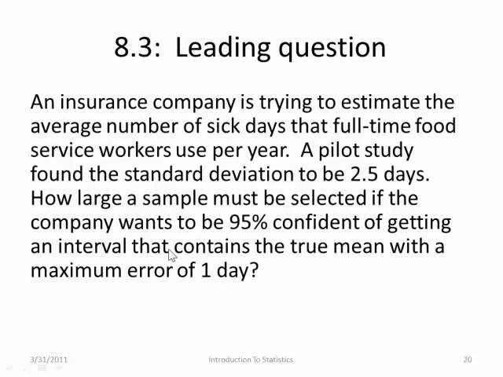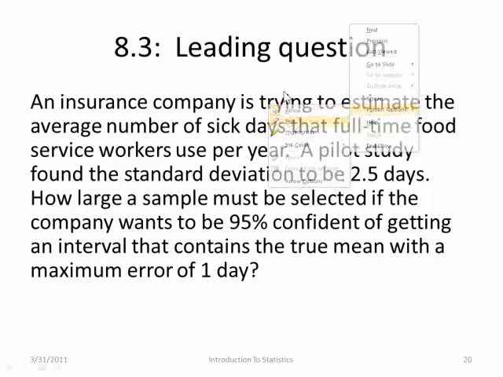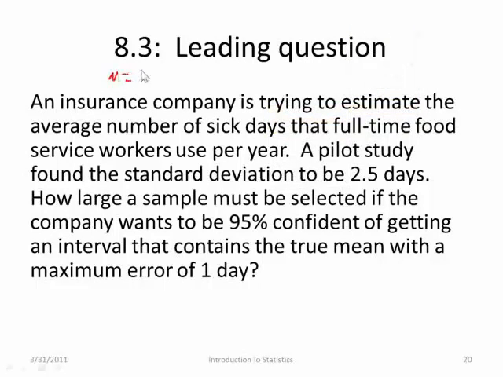So going back to this exercise right here, n equals z alpha over 2 times sigma over e, squared. In this case, we're told that sigma is equal to 2.5.